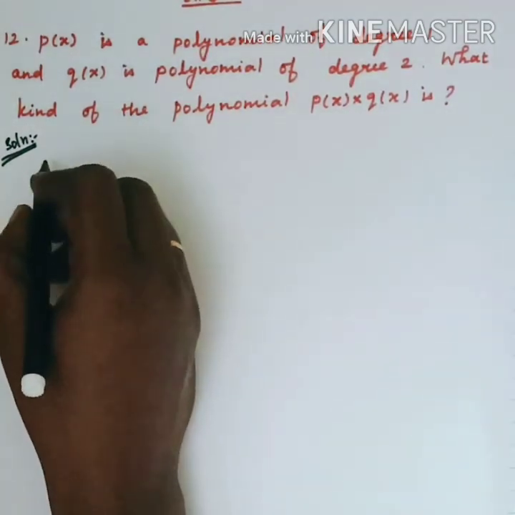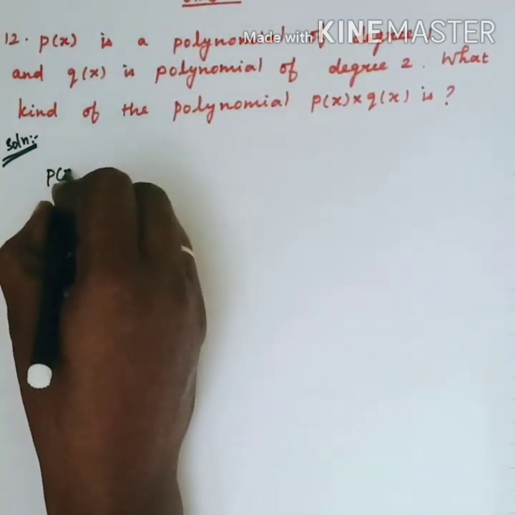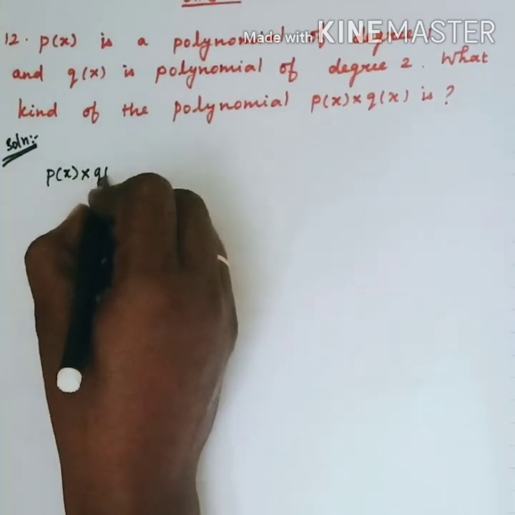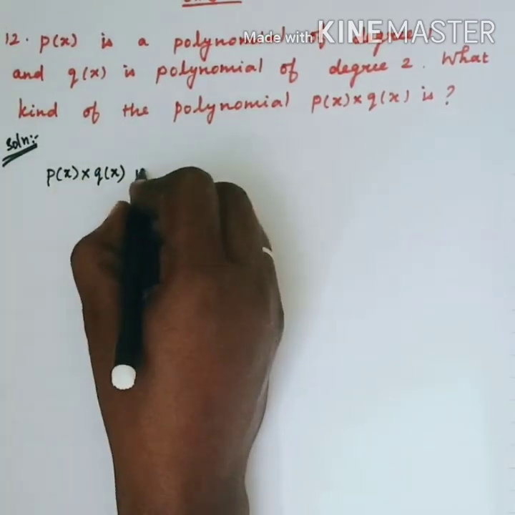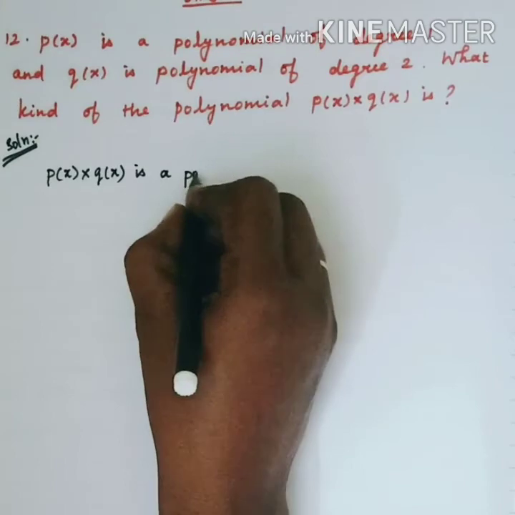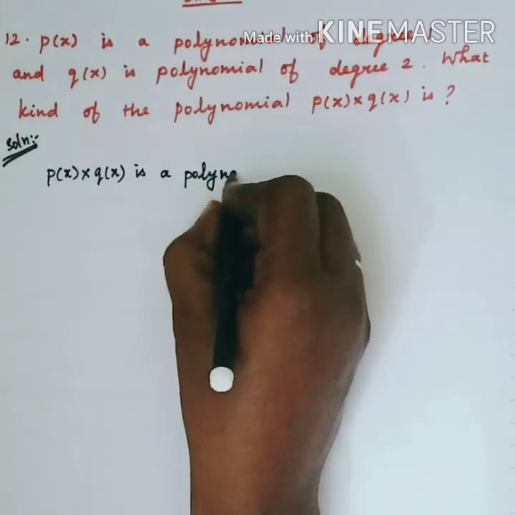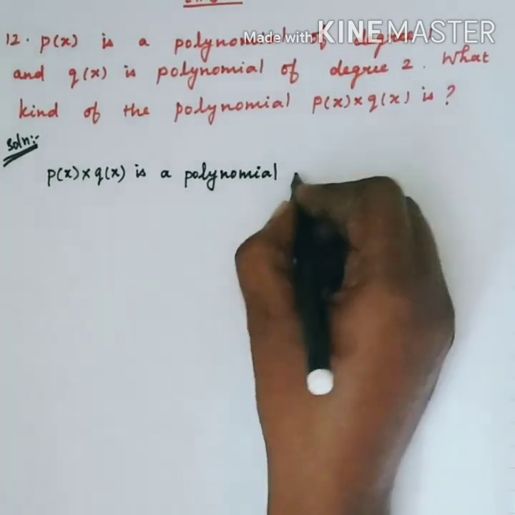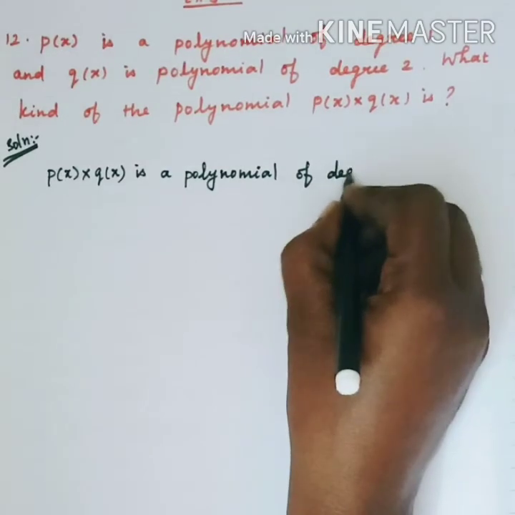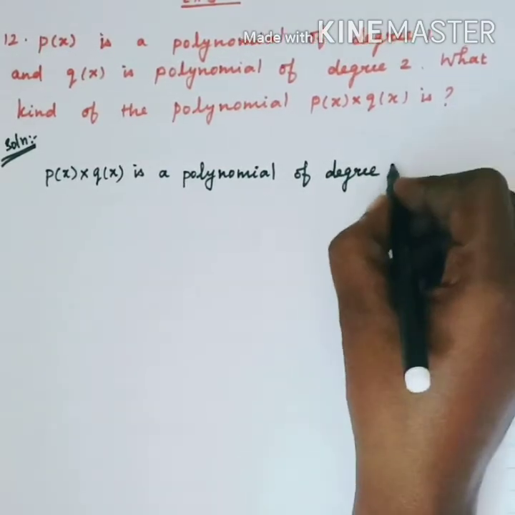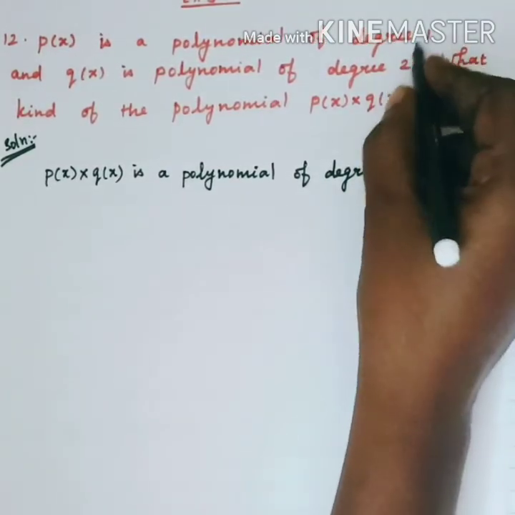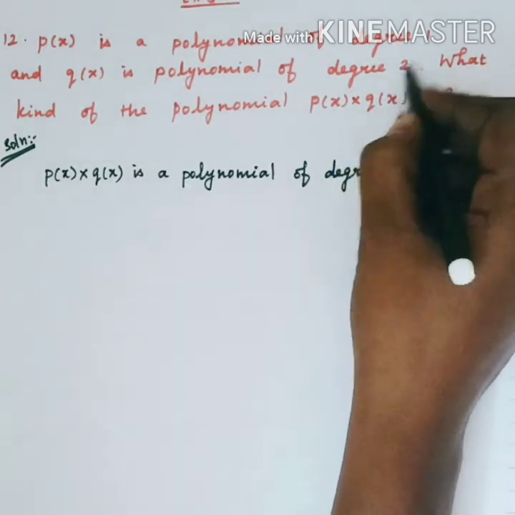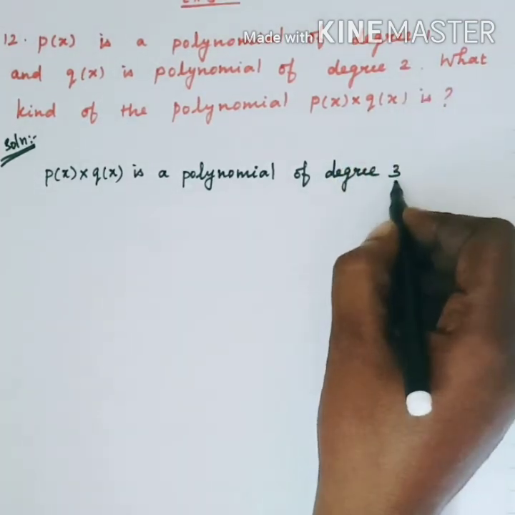So P of x into Q of x is a polynomial of degree 3, because adding degree 1 and degree 2, we get degree 3.